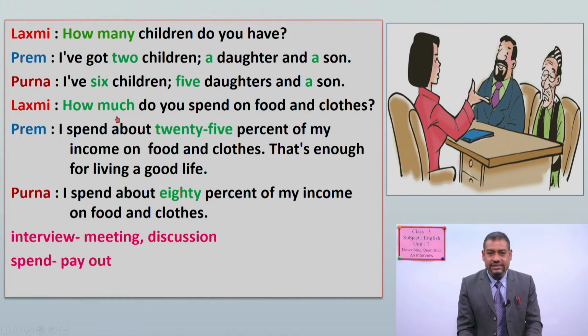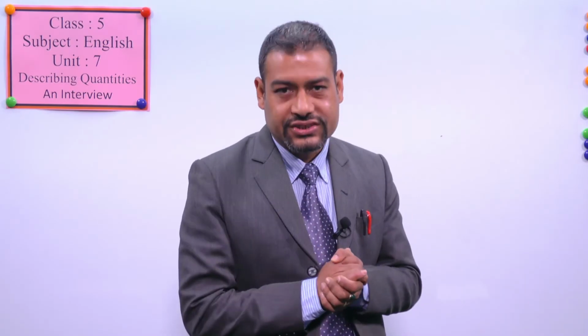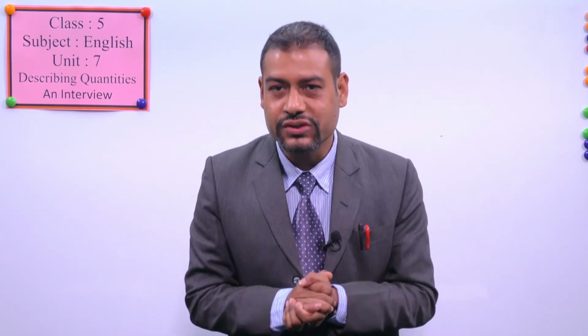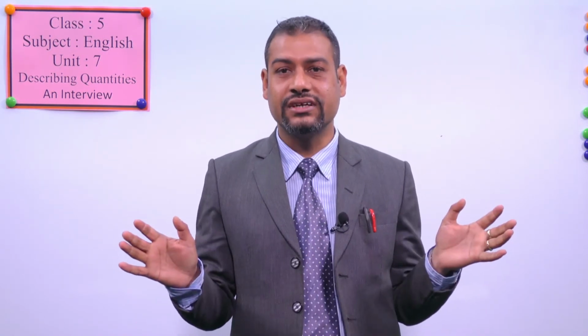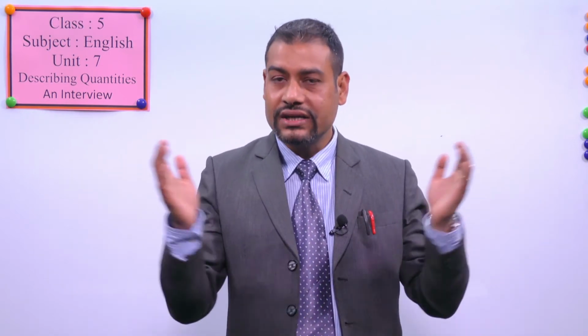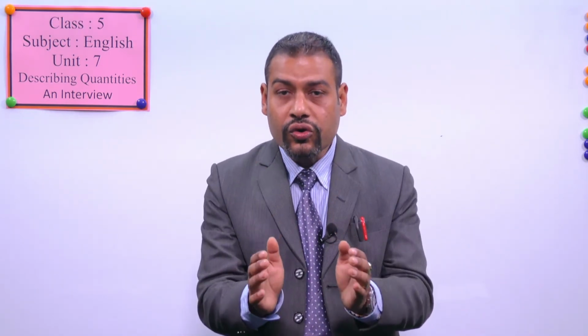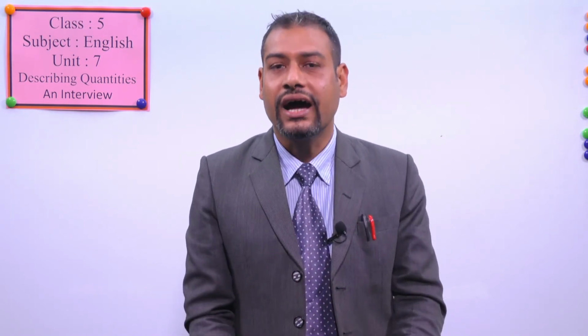And how much is used for uncountable quantity. We cannot count. For example, if I ask you how much flour do you need, okay? Dust particle. How much rice I can ask. How much sugar, okay? We cannot count. So if we cannot count the quantity, and if we want to know about that quantity, at that time we use how much.